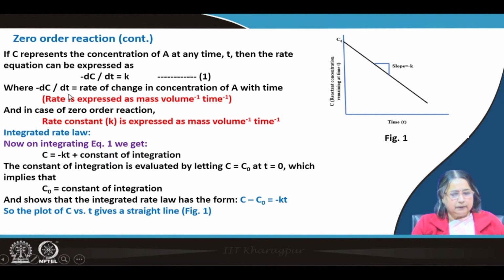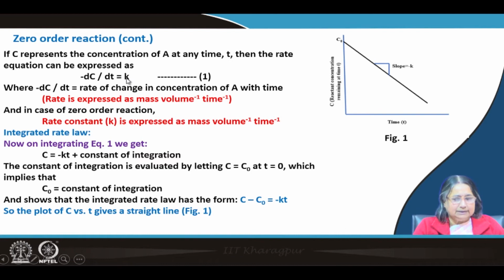Now, the rate of change of concentration of A with time is the rate. As I told already, rate will always be expressed in terms of mass per volume per time. It is up to you what units you will use for volume, for time and for mass.